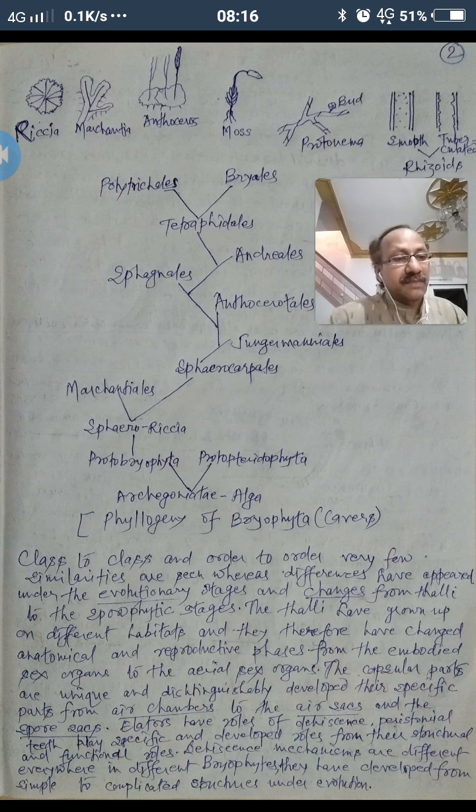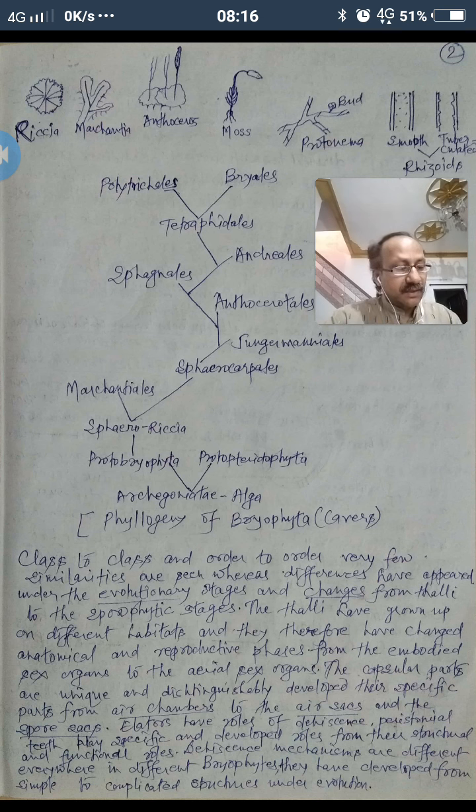Under the Polytrichales and Bryales, elaters have roles of dehiscence. Peristomial teeth play specific and developed structural and functional roles to disperse the spores.